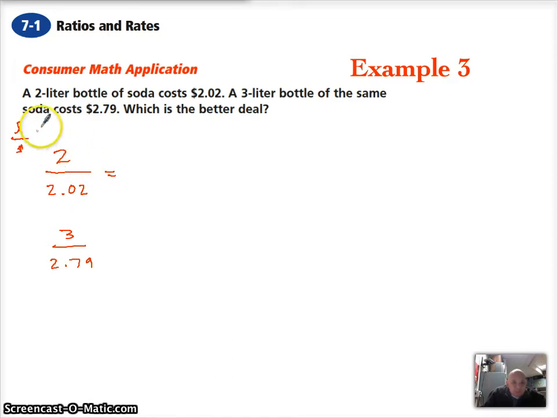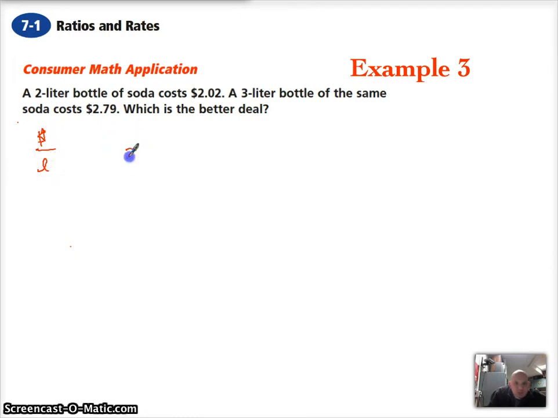Now I'm going to go ahead and essentially simplify this into 1 unit. Oh, I'm sorry. I'm going to have to back up here because I am actually going to reverse the order on this, because I want to find out how much money per liter. So I'm going to take the cost of the sodas, which is dollars per liter.